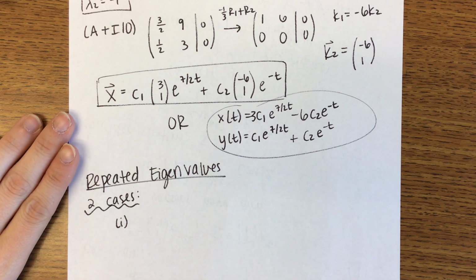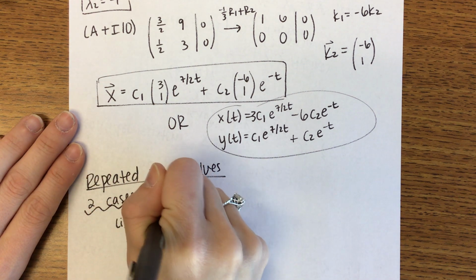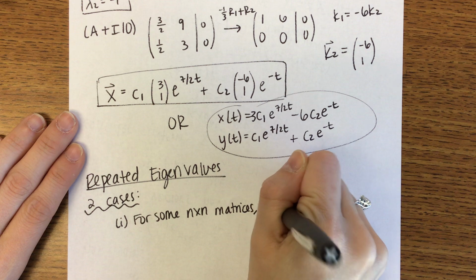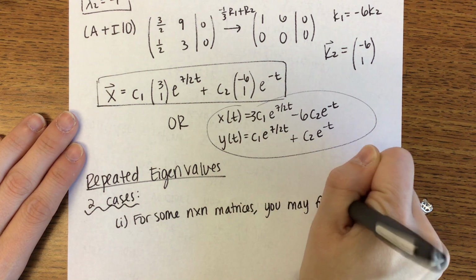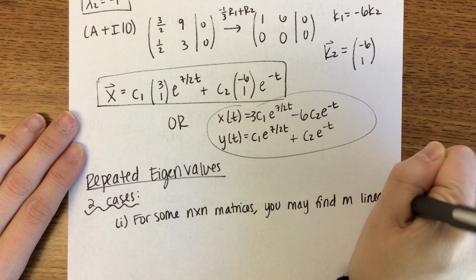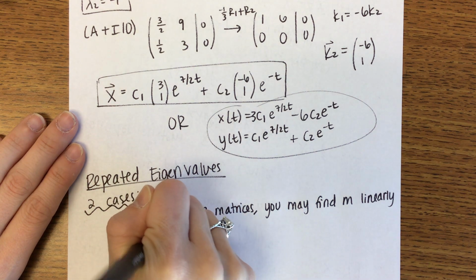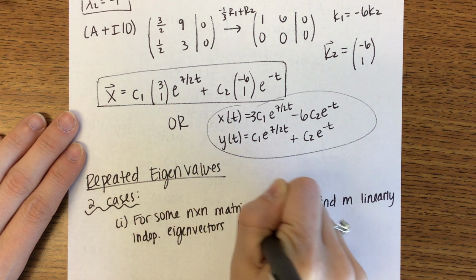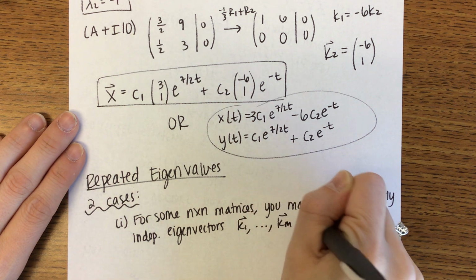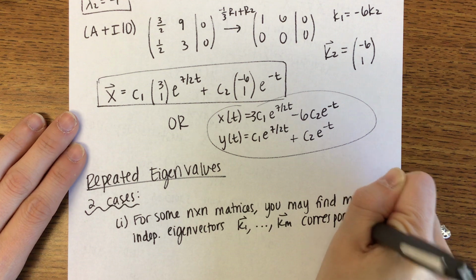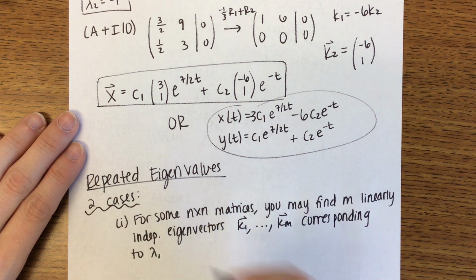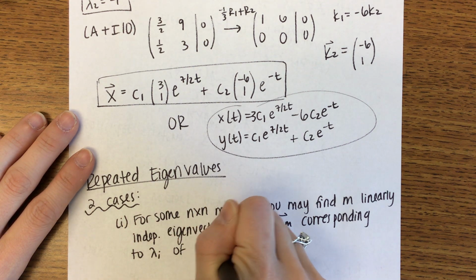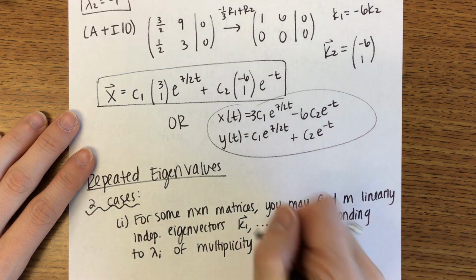First subcase: for some n by n matrices, you may find m linearly independent eigenvectors, k1 through km, corresponding to lambda I of multiplicity m.